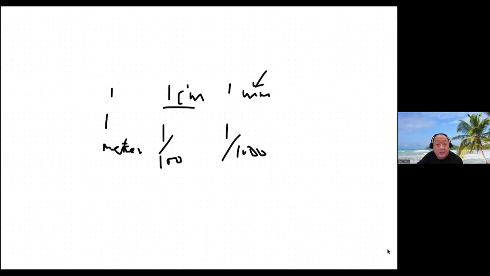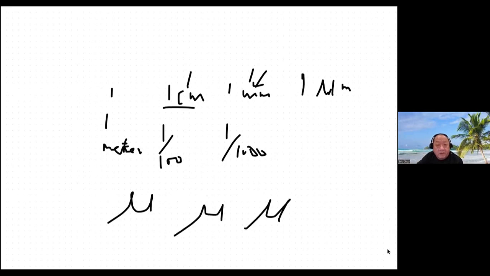Then the next one is 1 micron. This looks like U, but it's not U, it's the Greek letter mu. It looks like M, but we call it micron. So 1 micron is 10 to the power -6.